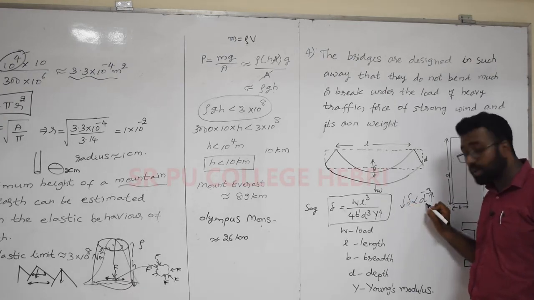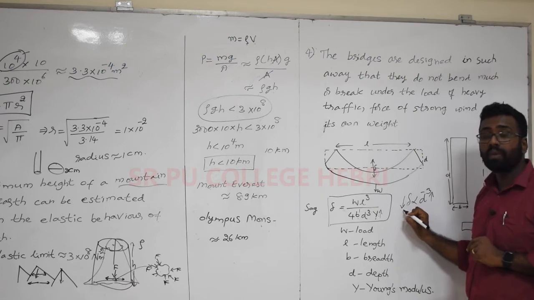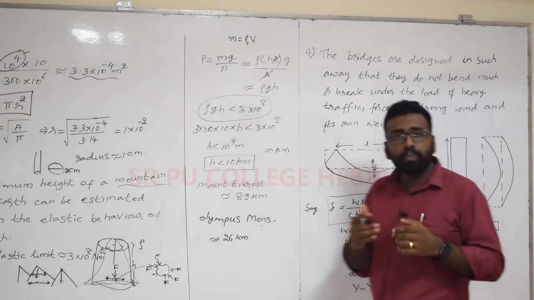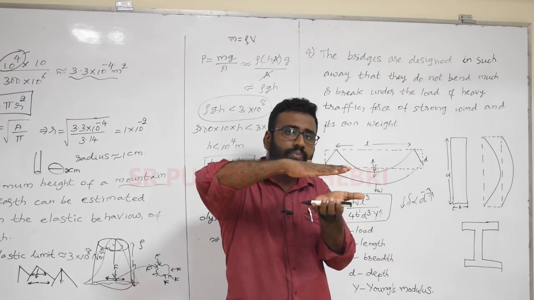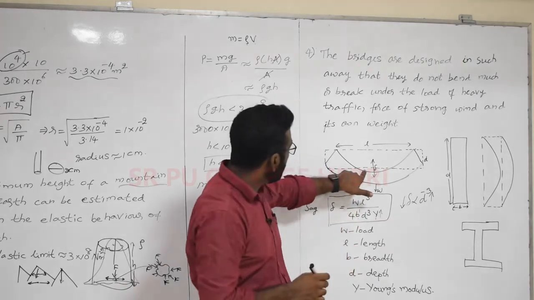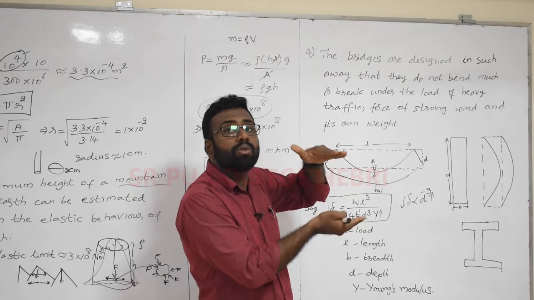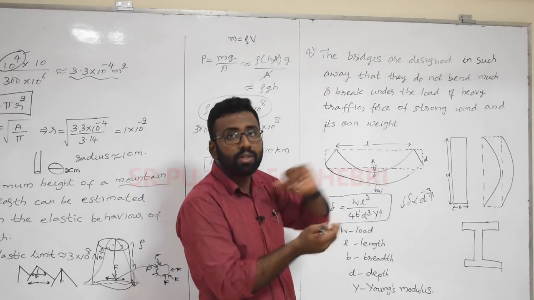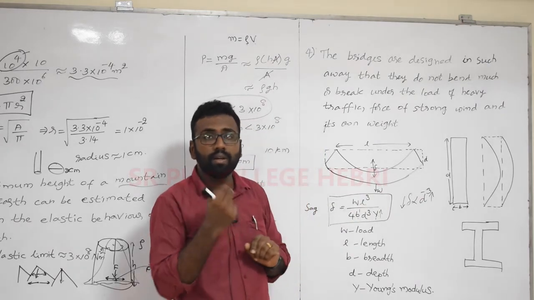If you increase this one once, it will be reduced by 3 times, right? That's the reason why you must have observed that bridges have a thick base, like the depth of the material we are using here will be higher. So increasing the depth of the bridge can reduce the sag. That is the idea.